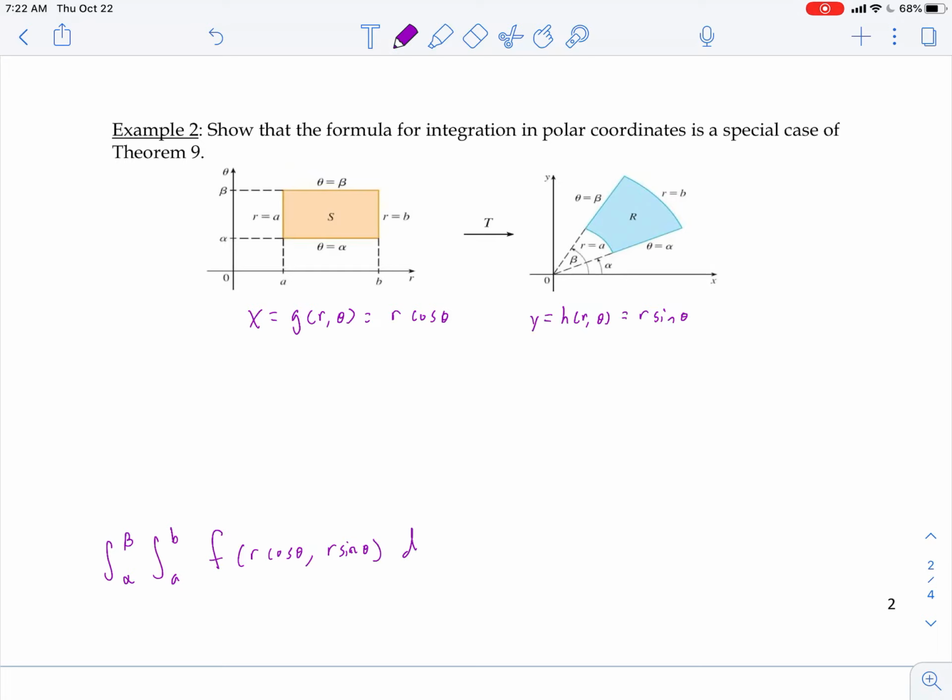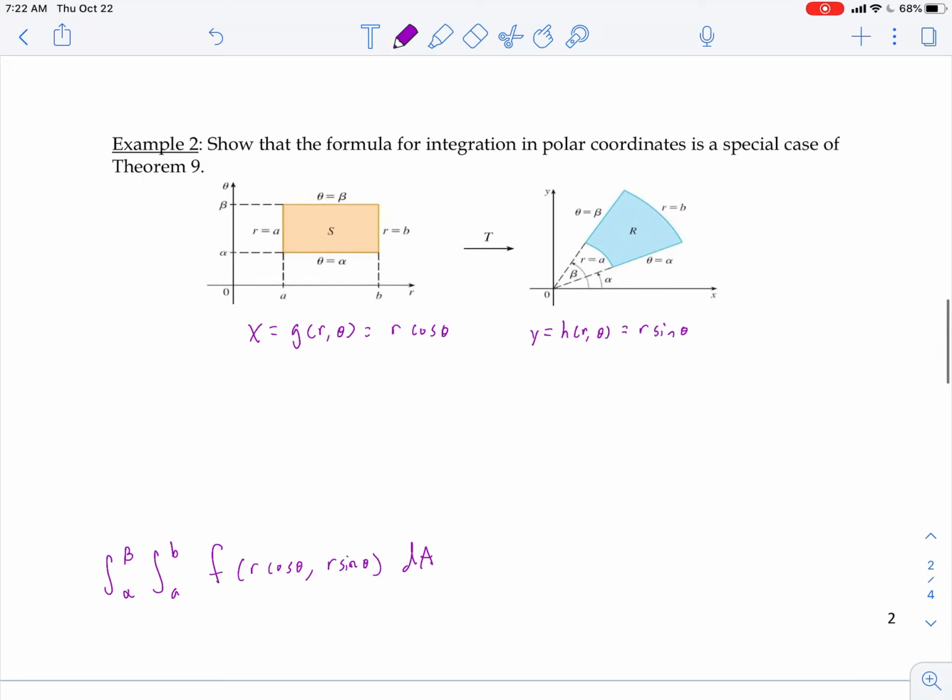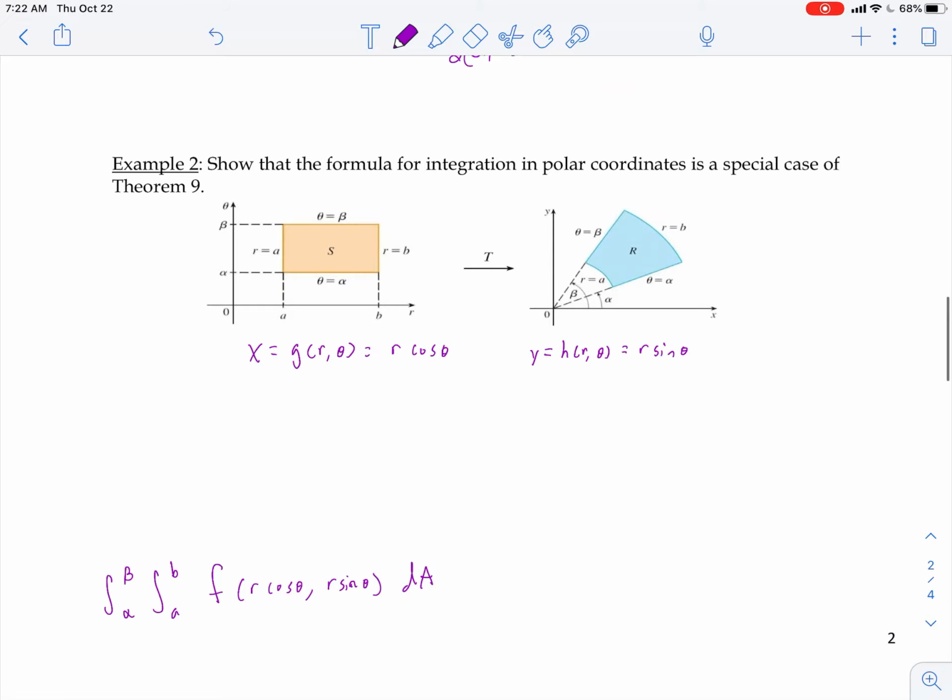And then we have our dA here. Our dA is defined by the Jacobian, the partial of x, y over the partial of r, theta.